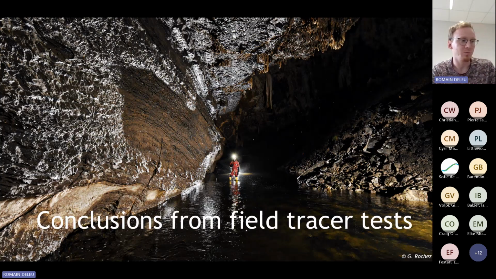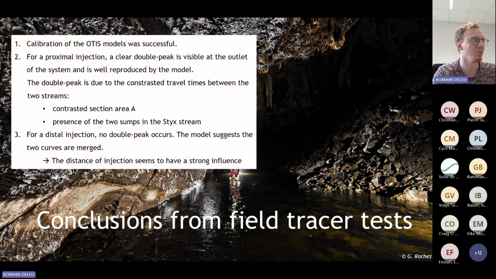So the conclusion from those field tracer tests is that the calibration of the Otis model was successful. For a proximal injection, so an injection close to the system, injection 3, we have a clear double peak that is visible at the outlet of the system, and it is well reproduced by the model. The double peak is due to the contrasted travel times between the two streams. This is mainly due to the contrasted section area.